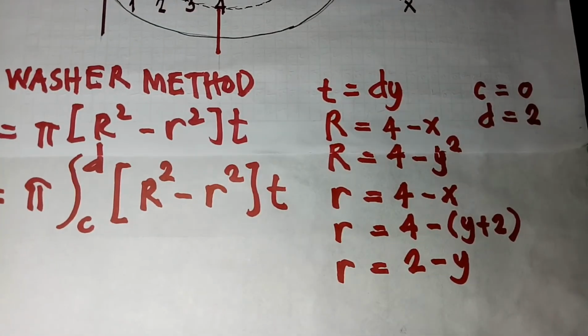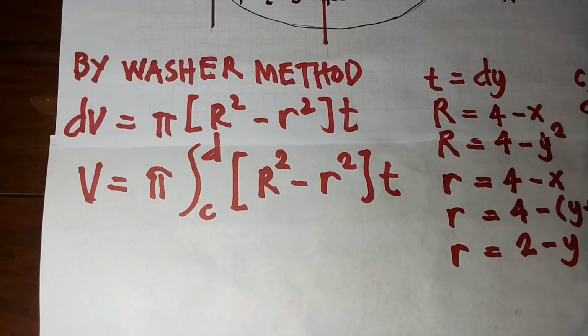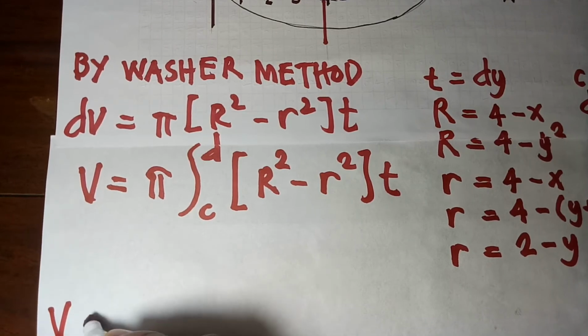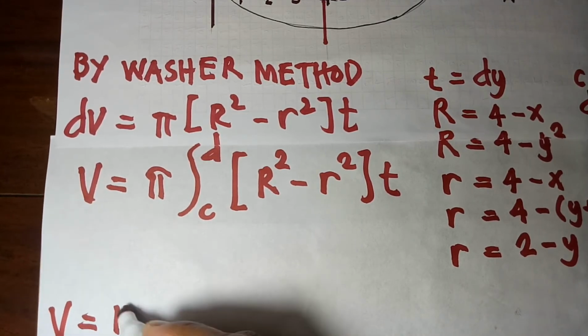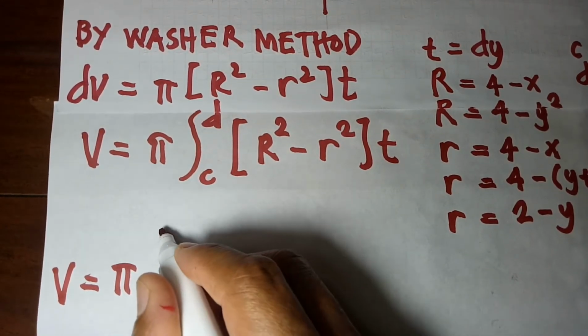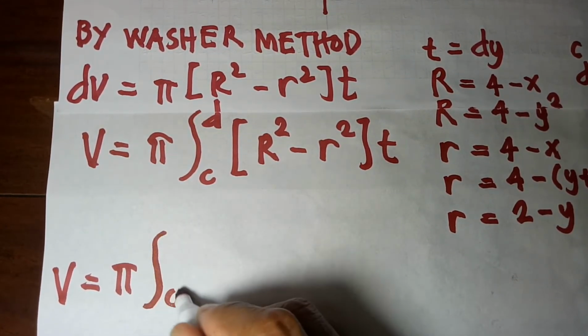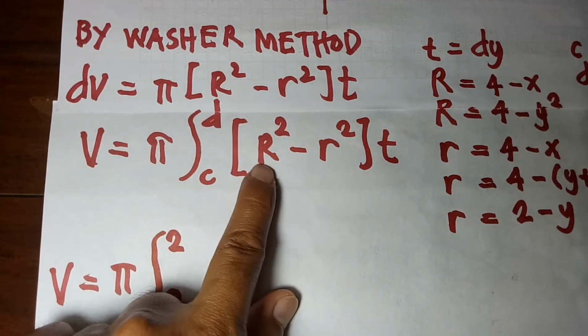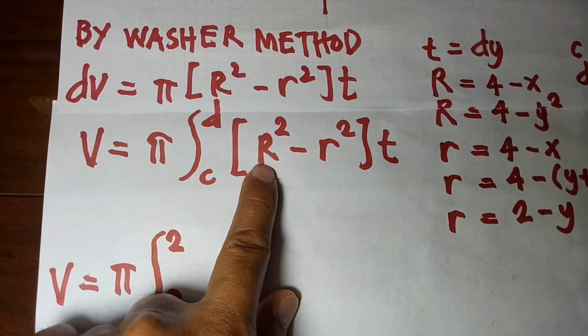Okay? So let us substitute the values that we have in the formula. So we will have volume equals pi integral from 0 to 2 of outer radius squared.